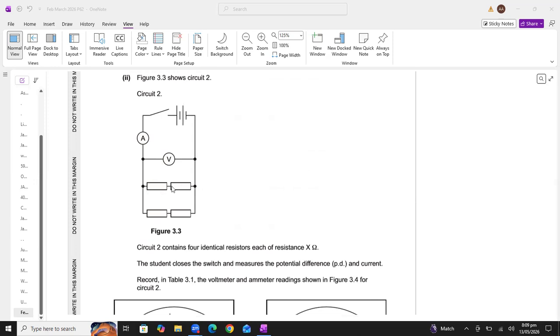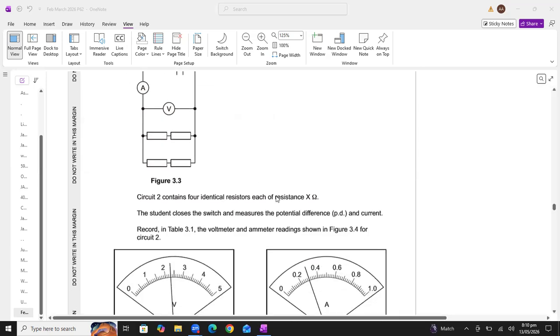You can see these 2 resistors are connected in series, and these 2 resistors are also connected in series, but together they make a parallel combination. A voltmeter is connected here, which will measure the potential difference across these two terminals, and the ammeter is connected in series.